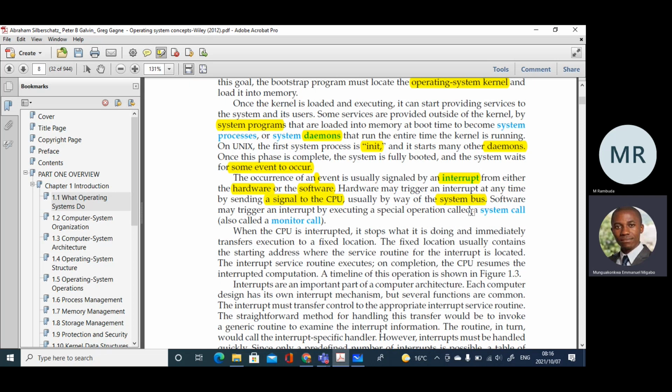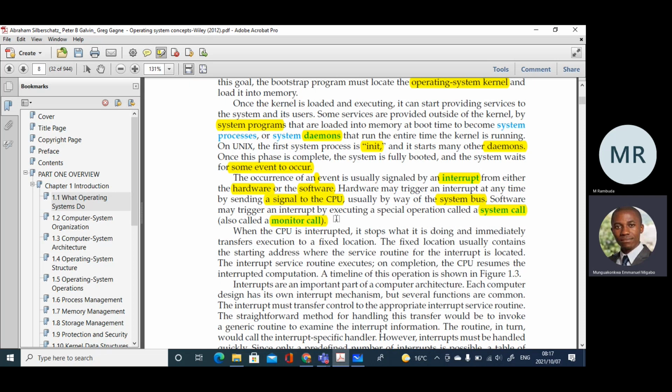Okay. So now the software may trigger an interrupt by executing a special operation called a system call. Now we're getting into operating system step by step. System call, which is also called the monitor call, is one of the operations of the operating system that is normally executed through the system bus between, in this case, a hardware peripheral and the CPU to signal the presence of an interrupt.